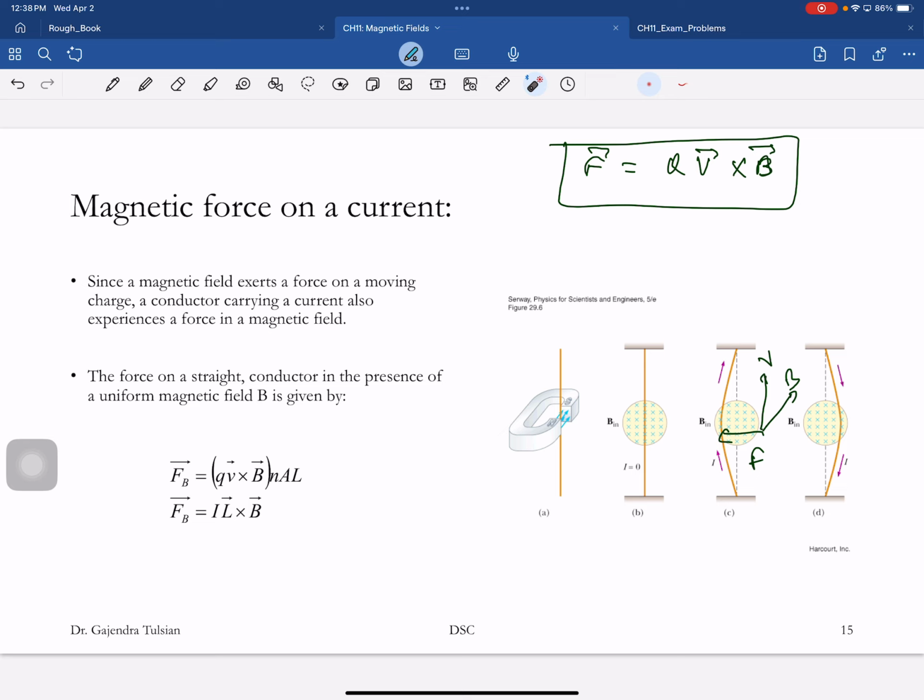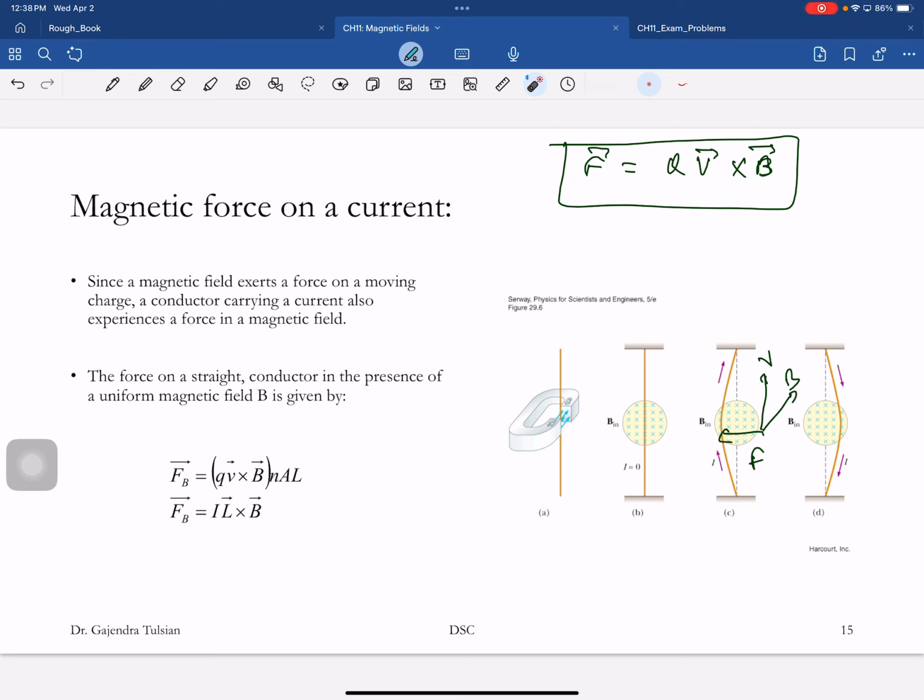And then we saw if there's a current flowing in a conductor, a current constitutes a bunch of charges moving. Here is the force on each charge, and that's the number of charges moving in the presence of the field.